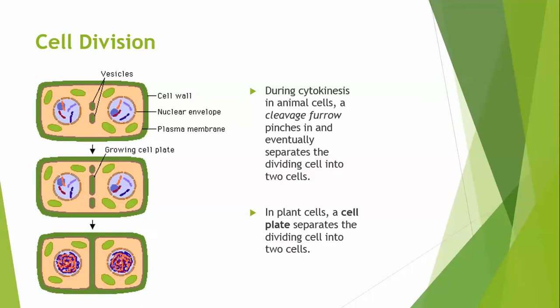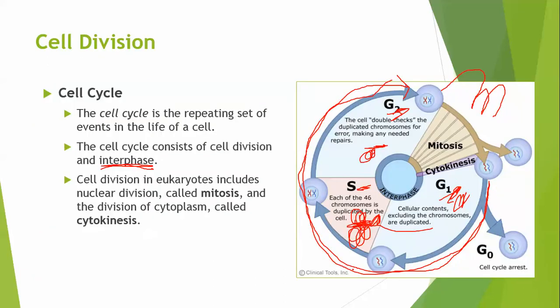Okay? So let's talk a little bit about cytokinesis, which is the last phase. And let me go back to that picture. So if you look at this picture right here, we have the 4 phases of mitosis right here. And then at the very end is cytokinesis. What happens in cytokinesis is they completely pinch off into 2 new daughter cells.